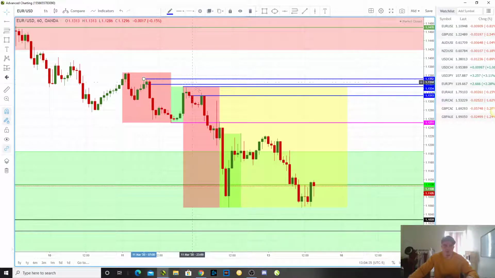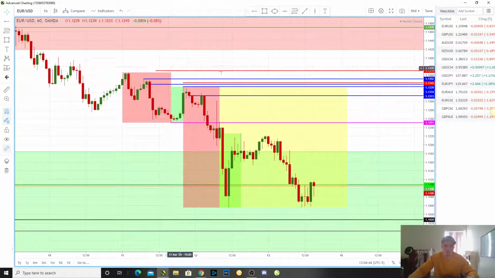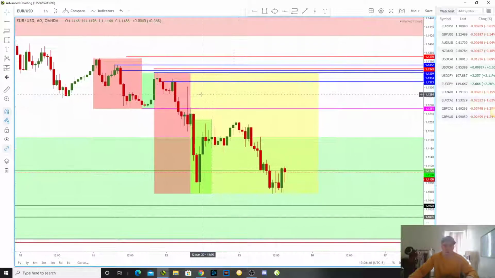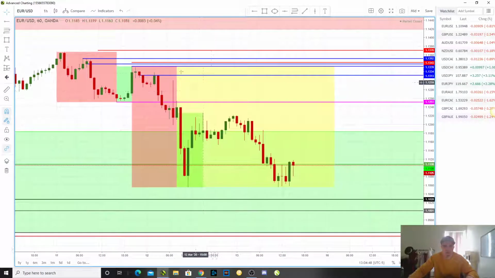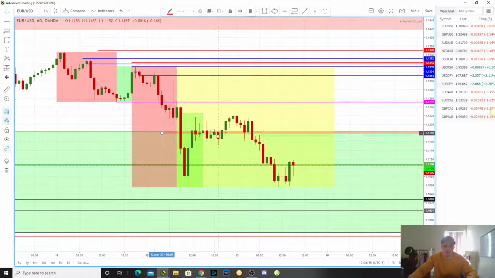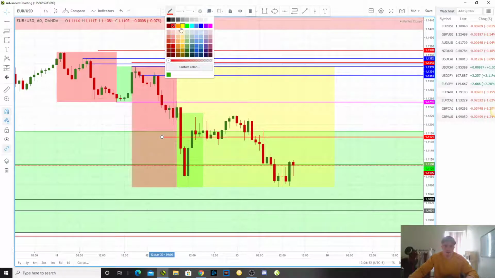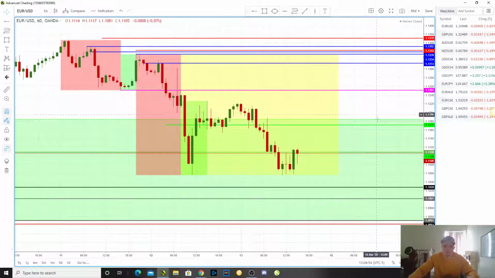So these are our two shorts here. My stop's above there. That was a retest of the level, so we're just going to use where the retest went as our profit target, and then we can just trade it right down to there.